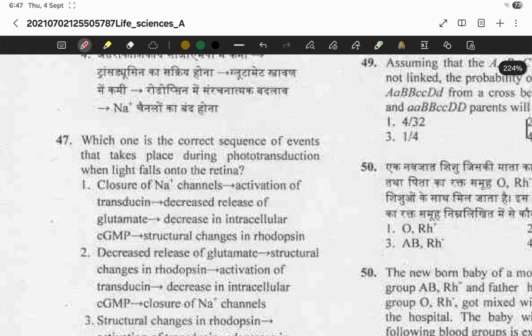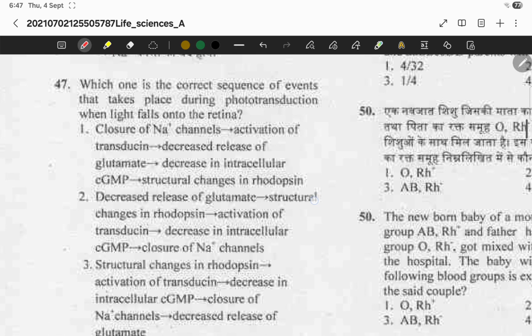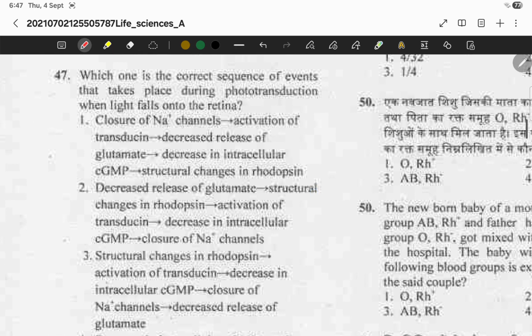Which one is the correct sequence of events that takes place during the phototransduction when light falls into the retina? The thing is, I don't know, but I'll read the options calmly. Closure of sodium channels, activation of transducin, decrease release of glutamate, decrease in intracellular cGMP, structural change in rhodopsin.